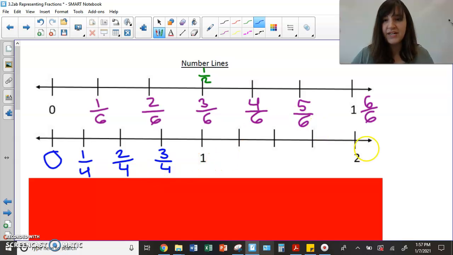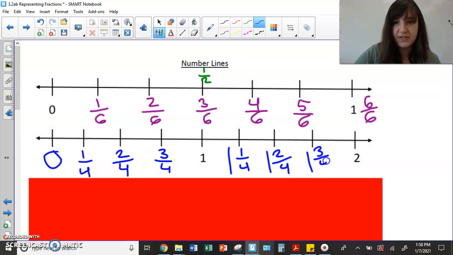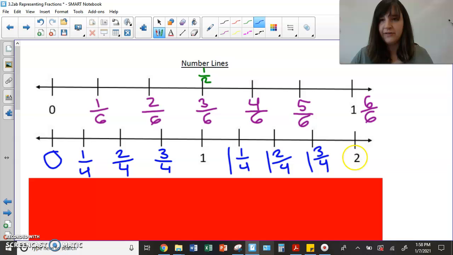Now, between 1 and 2, we're now going to have a whole number plus a fraction with it. That's what we call a mixed number. So now I would have 1 and 1/4, 1 and 2/4, 1 and 3/4, and when I would get here, it'd be 1 and 4/4.